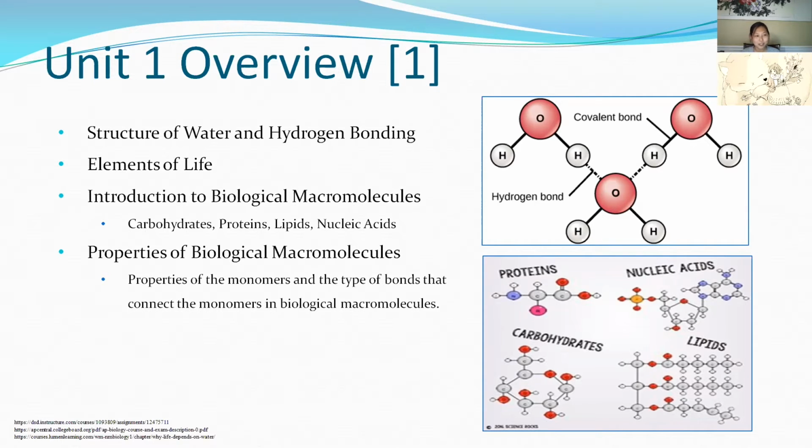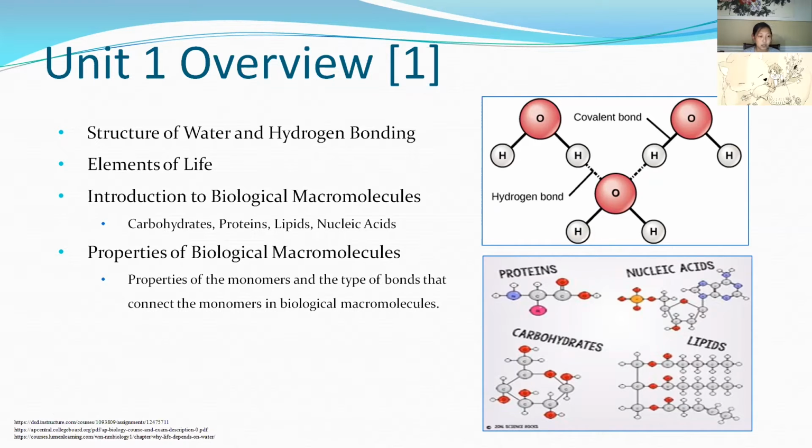So you learn about water, its properties, the special properties that it has, like for example, the surface tension it can hold, or the way that when it freezes, it becomes less dense than if it was in liquid form. So just general information about water, which is a big part.